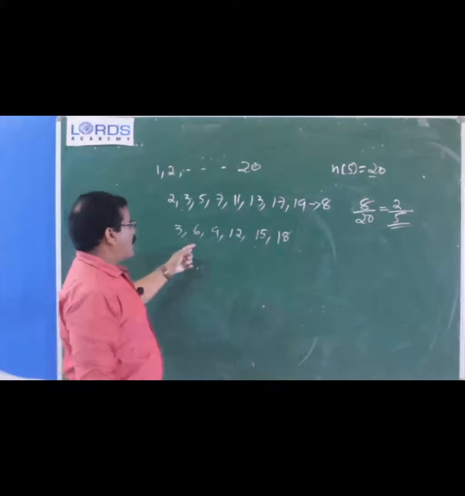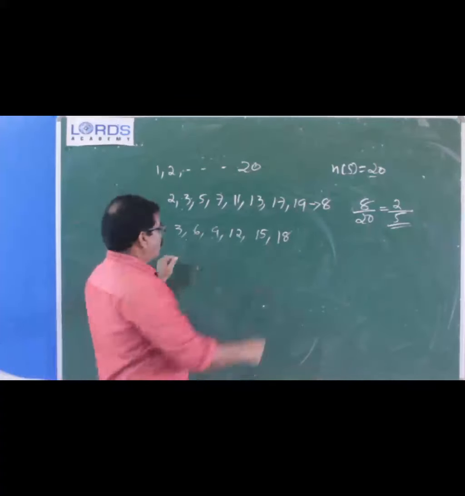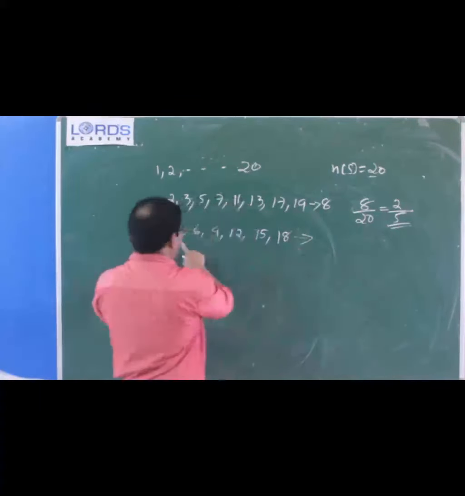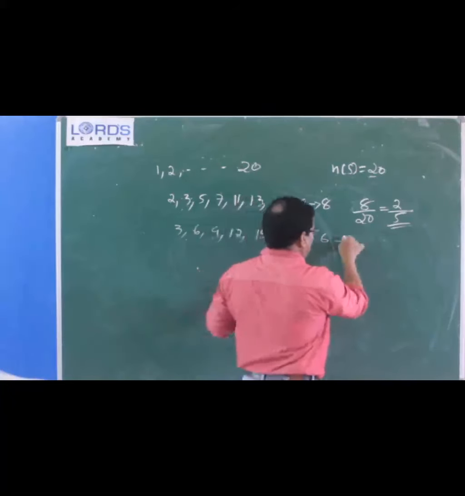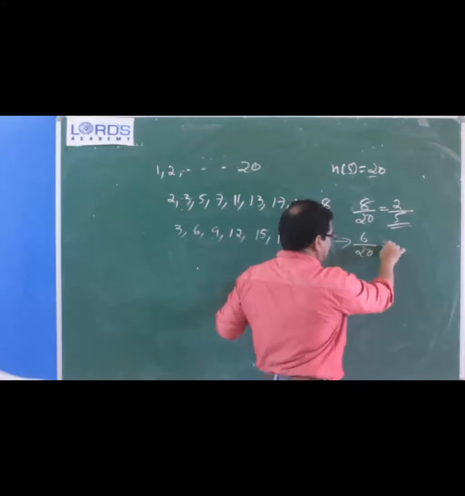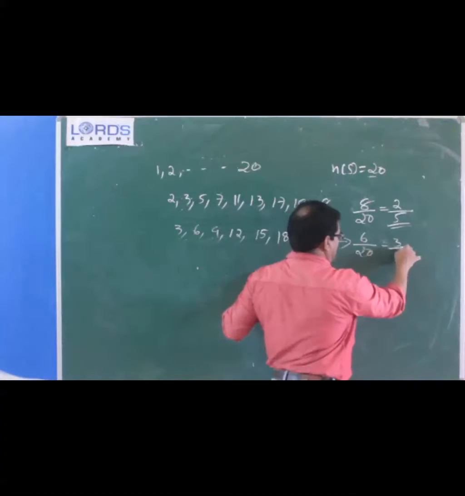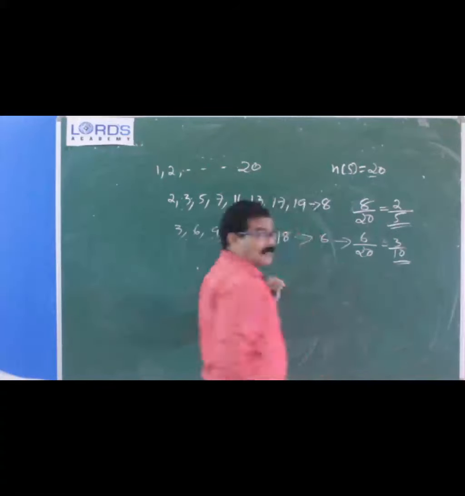Then you find the number of favorable cases: 1, 2, 3, 4, 5, 6. So probability is 6 by 20, that is equal to 3 by 10.